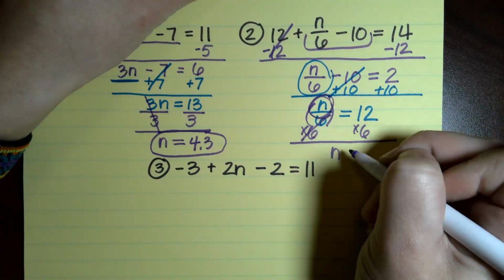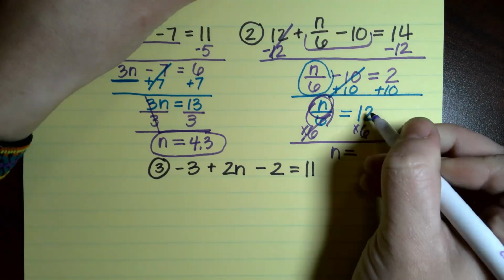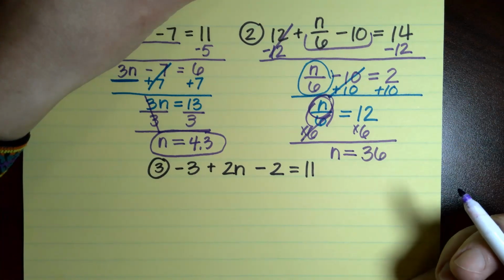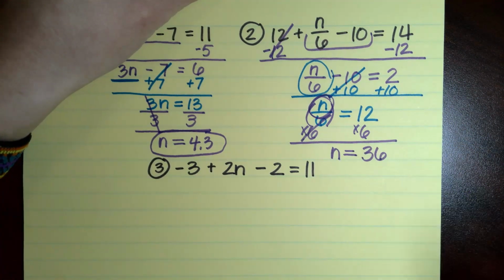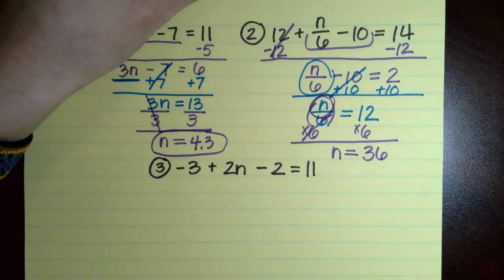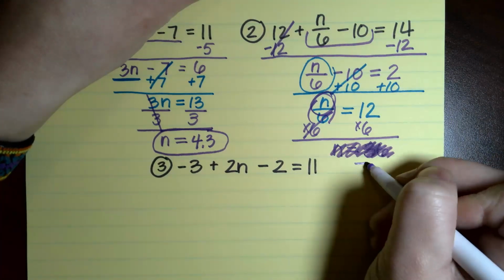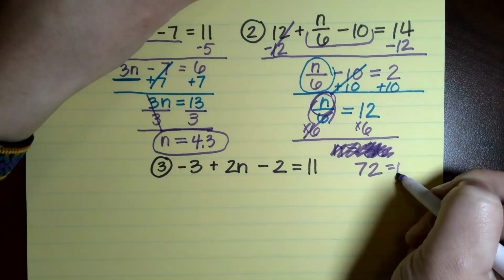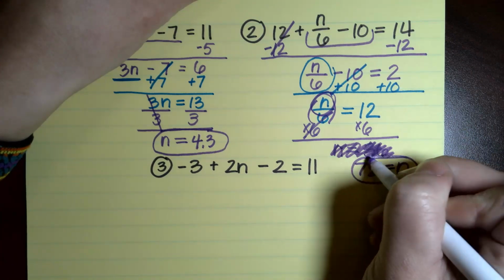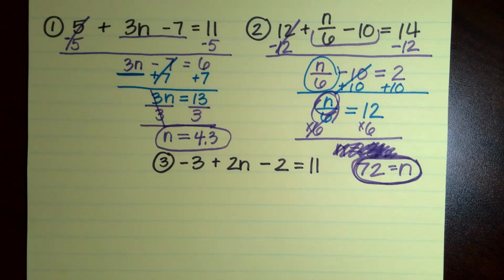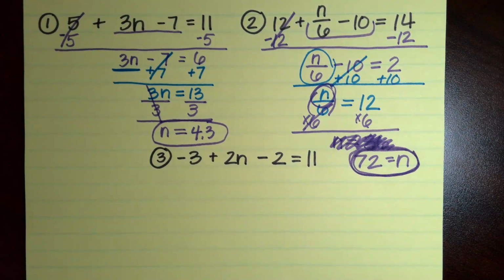I've got n equals 12 times 6, which is 36, I think. I'm wrong. Sorry, guys. 72. I wrote the wrong number down. My bad. n equals 72, not 36. I don't know what I was thinking, y'all. Okay. Did anybody get something different? Just me.